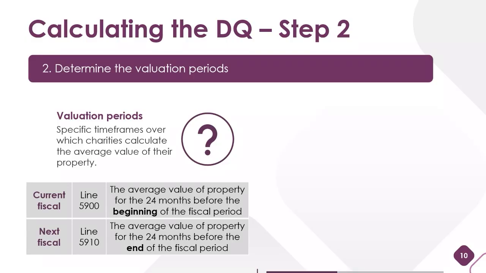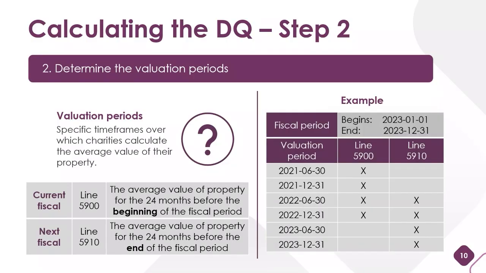In this example, the charity's fiscal period begins on January 1st, 2023, and its fiscal period ends on December 31st, 2023. It assesses the value of its property twice a year, in June and December. So this means that it divides 24 months into 4 valuation periods.